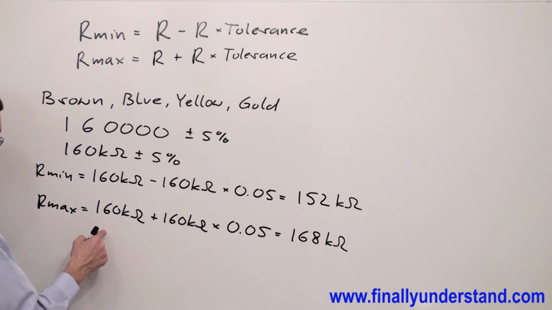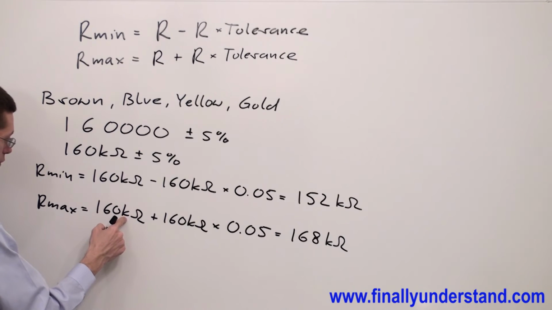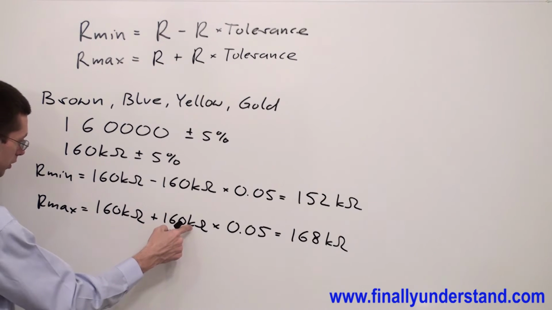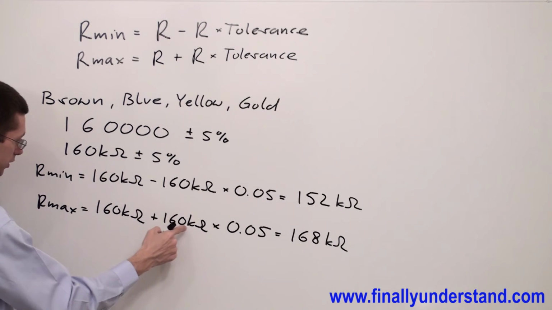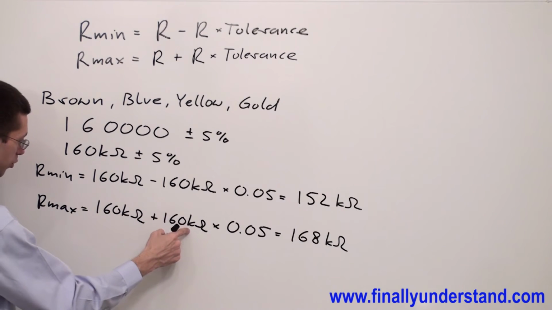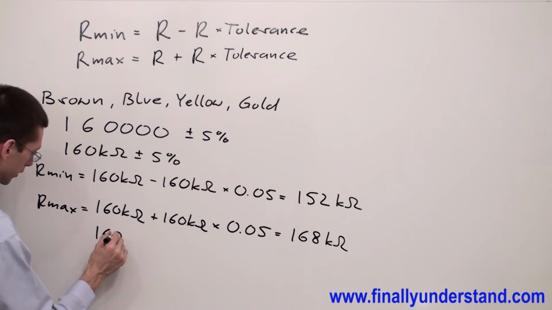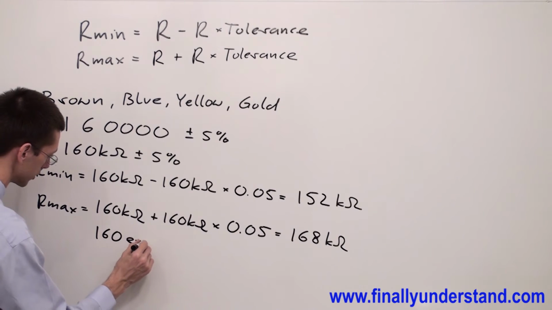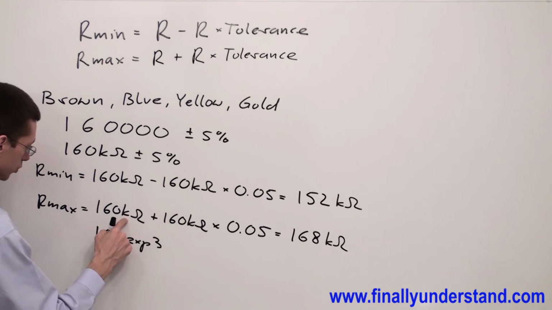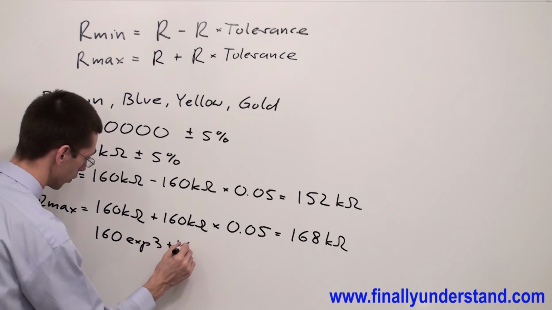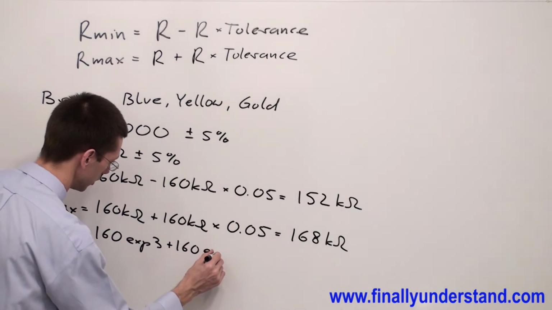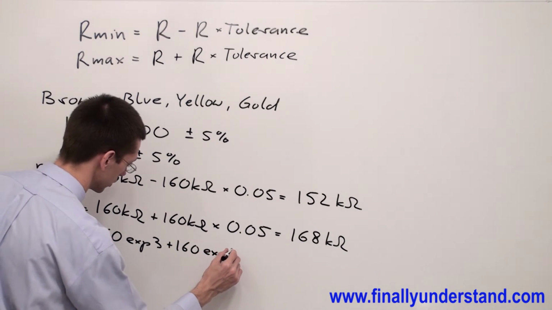Again, please make sure that you are not going to forget about kilos, because students have tendency to ignore the prefix. You have to enter these numbers into the calculator as 160 exp to the third power plus 160 exp to the third.